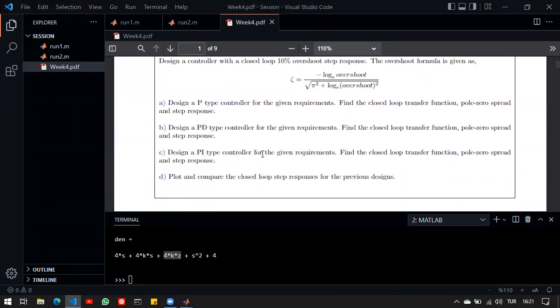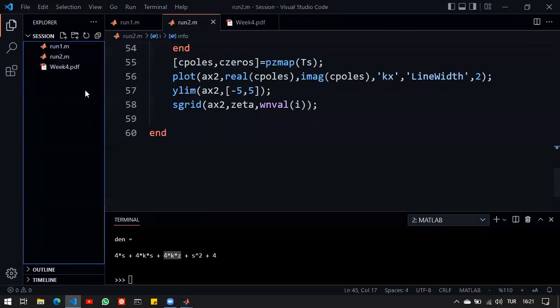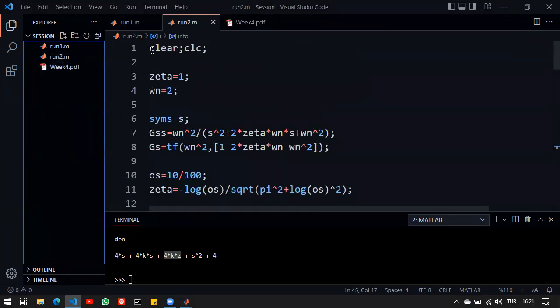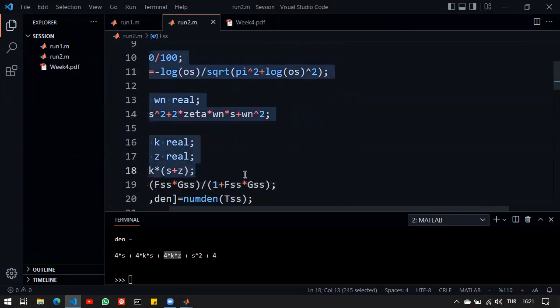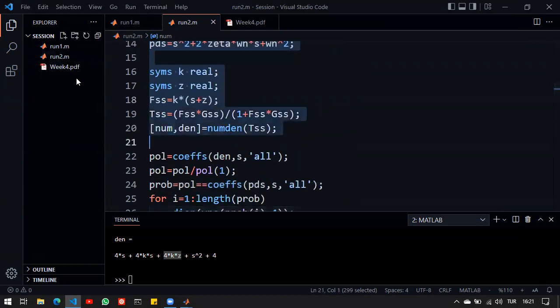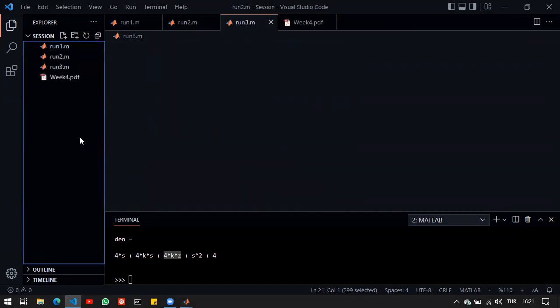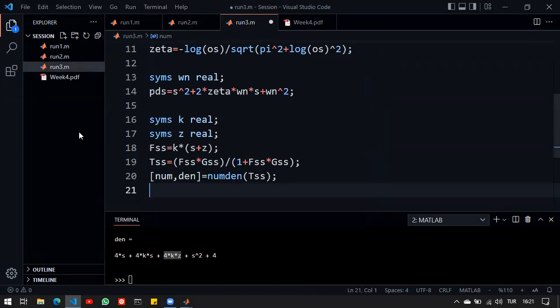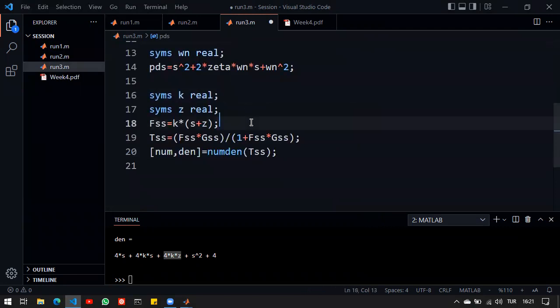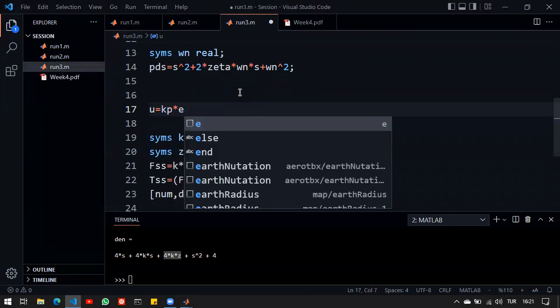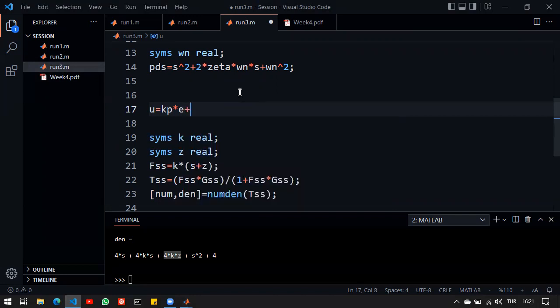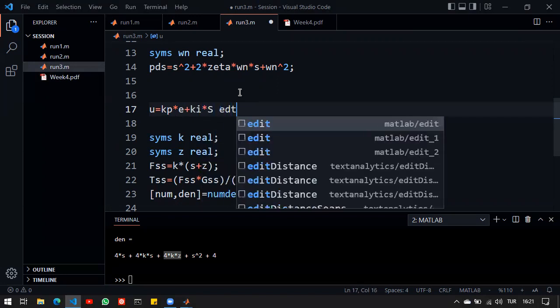Now, we have looked at the P controller and the PD type controller. Let's also look at the PI type controller. Okay. Now the PI type controller is defined like the following. So this is the P-type controller plus the integral, Ki times integral of E dt.